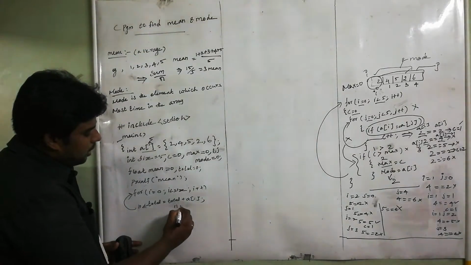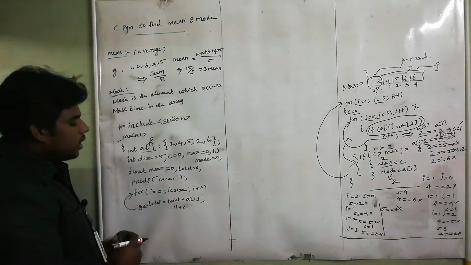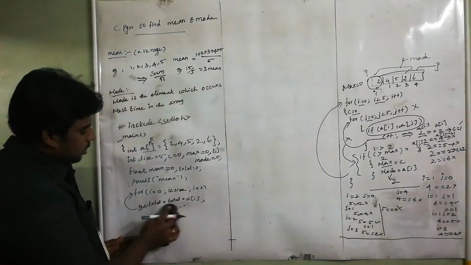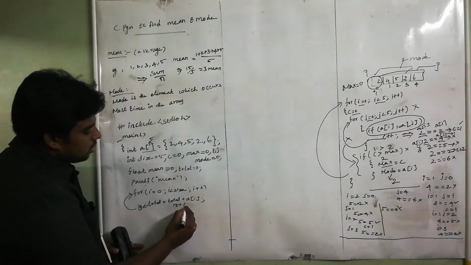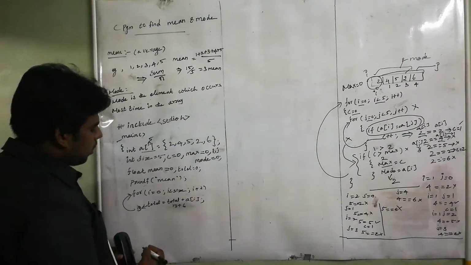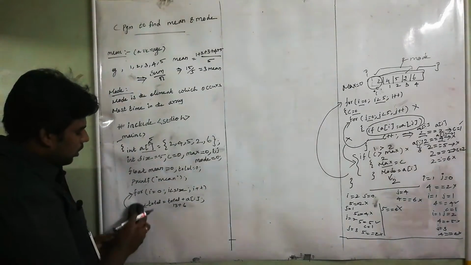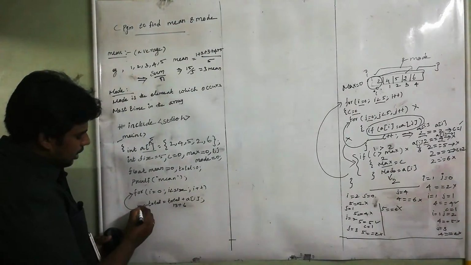So 11 plus 2, it is 13. Total is 13. Again in the next iteration, 13 plus 6. Okay, so your total is now 19. What's the total? 19.